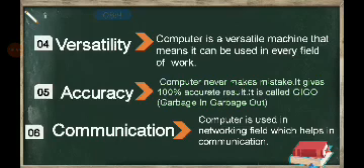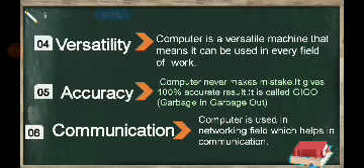Okay, and then next one we have number 5, accuracy. Accuracy means the computer never makes mistakes. So if the input given to the computer is 100% correct, that means it also gives 100% correct output.